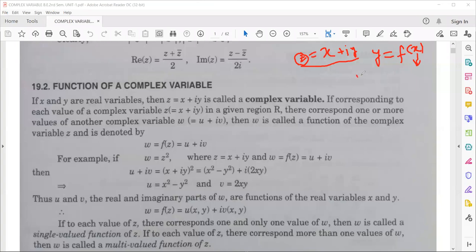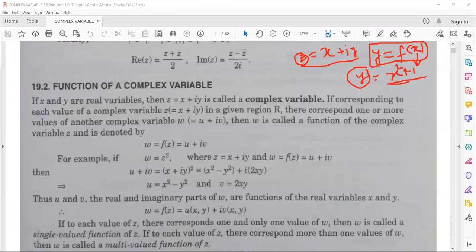Say I'm taking one example. Say y is equal to x square plus 1. This is a function. Just go on changing the values of x. For every value of x, you are going to get a value of y. This is the notation we use in the case of Cartesian form.